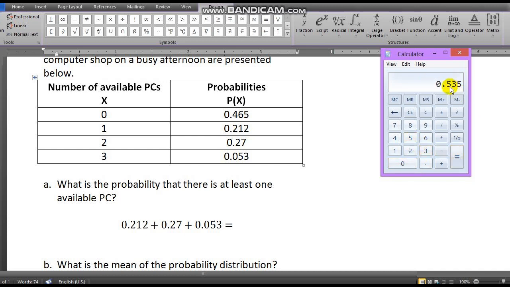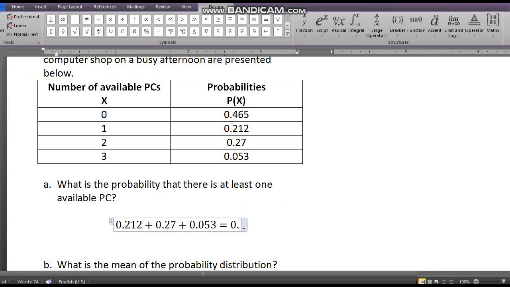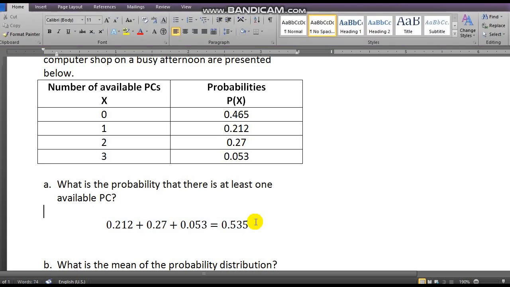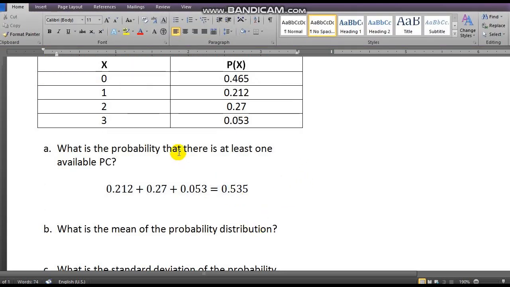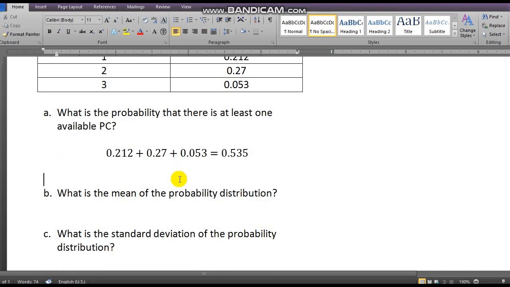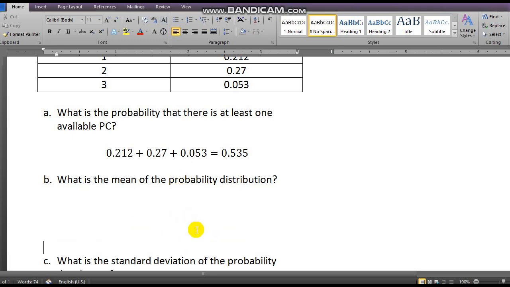So the probability is 0.535. This means that the probability that there is at least one available PC is 0.535.